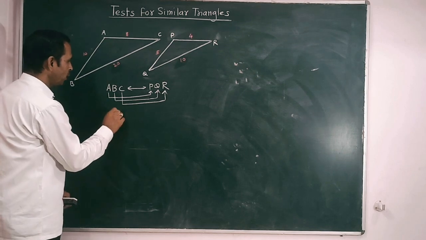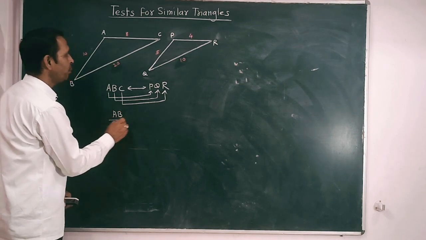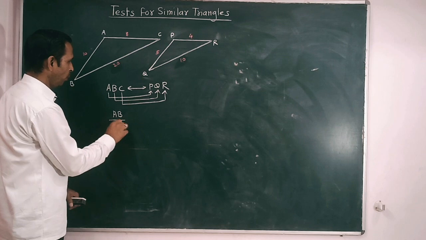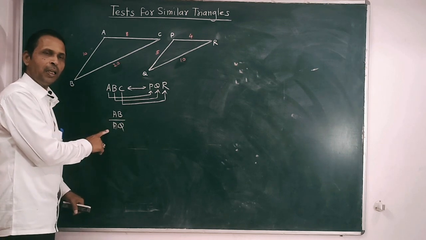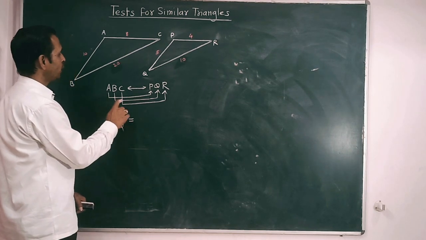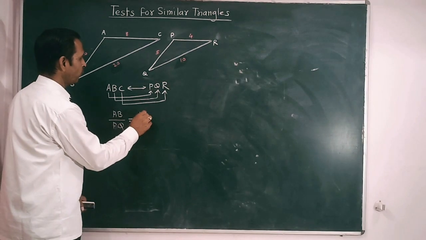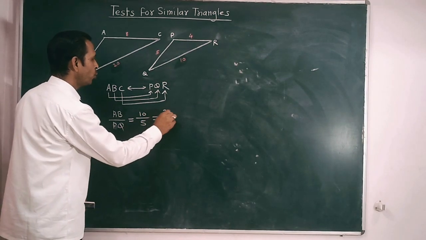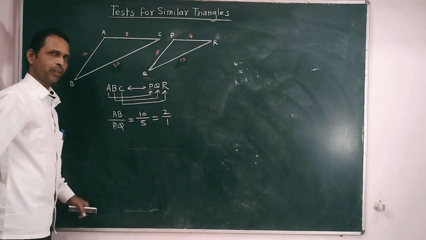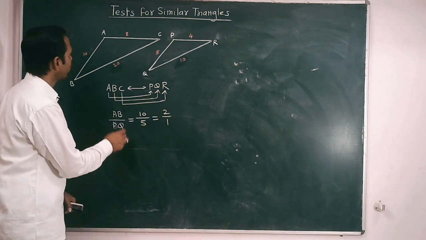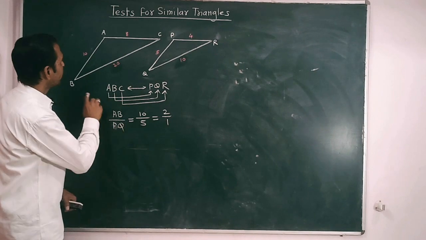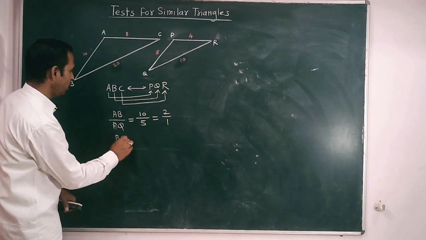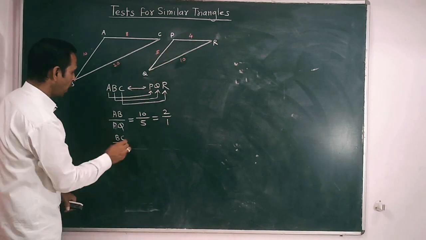Now AB, corresponding side of AB is PQ. Means calculate this ratio AB upon PQ. What is this ratio? AB means 10 and PQ means 5. The ratio is 2:1. Again, the second ratio, that is BC upon QR.